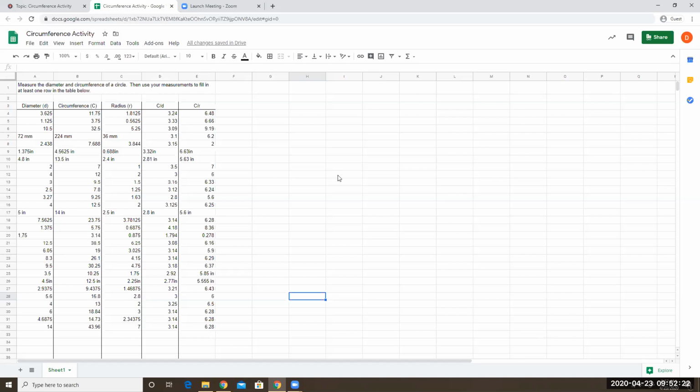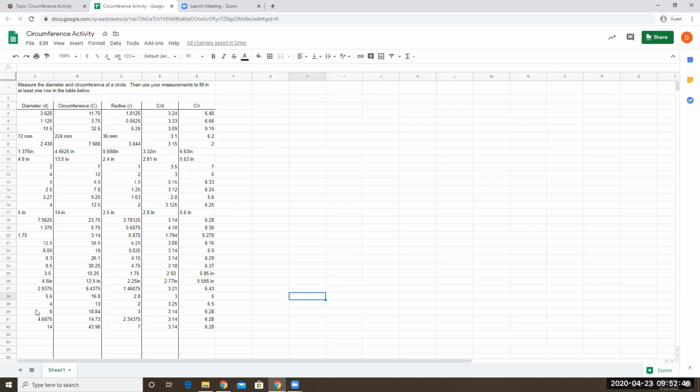That's okay, but the idea in this activity, just to refresh your memory, is that I asked you to find a circular object somewhere around your house or whatever, and then measure the diameter of the object, and then measure the circumference of the object. And so some of you down here, I think, didn't do that.